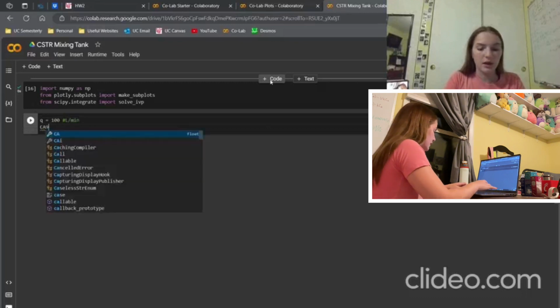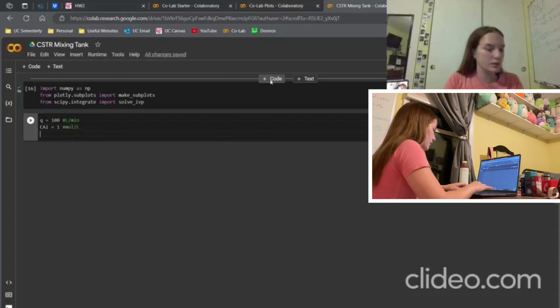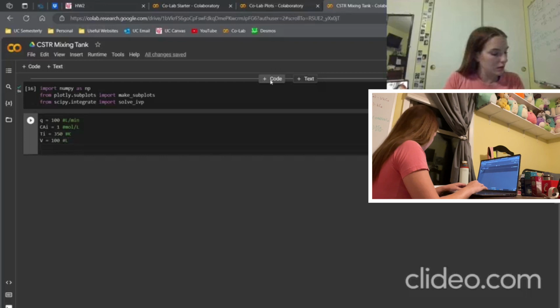We have our CAI is equal to 1 mole per liter. Our TI is equal to 350 degrees Kelvin. Our volume is equal to 100 liters.